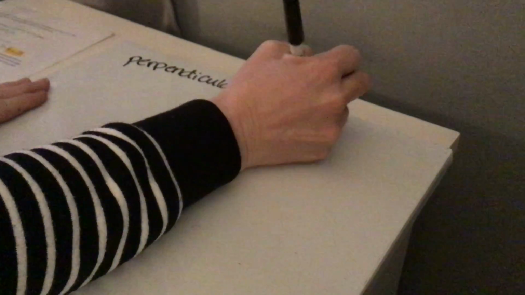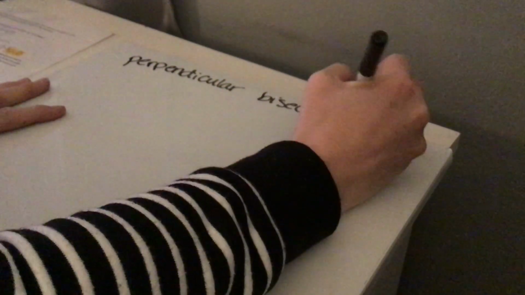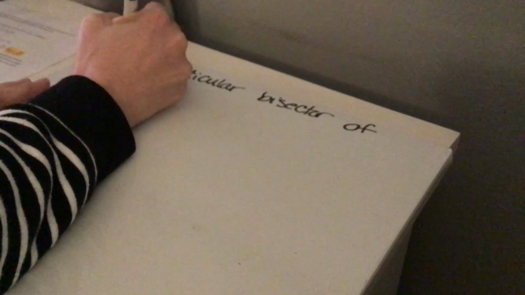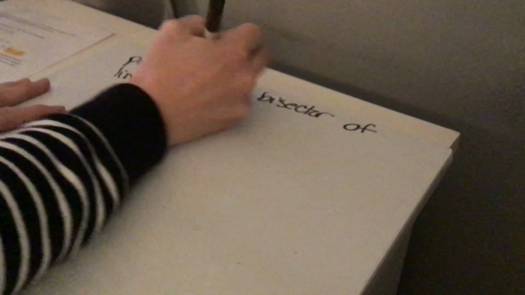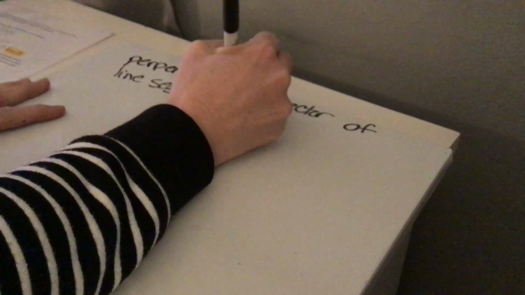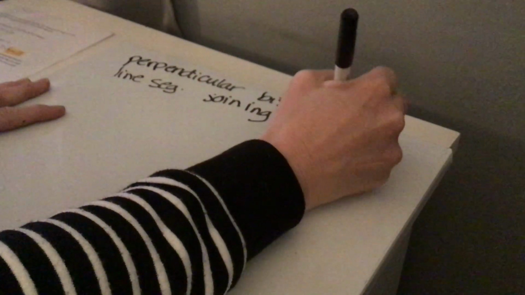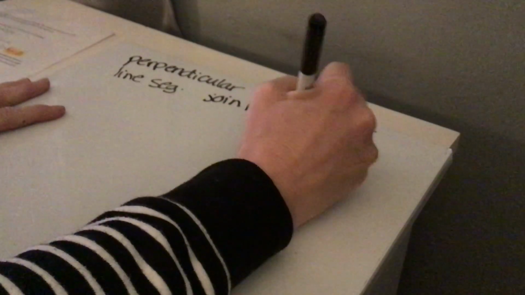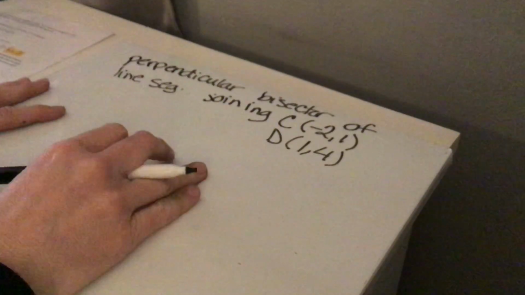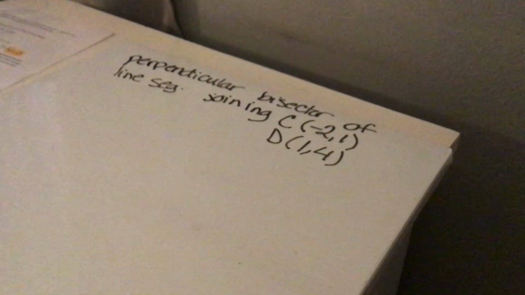So I want to write the equation of a perpendicular bisector of the line segment that joins C and D. C is at -2, 1, and D is at 1, 4.